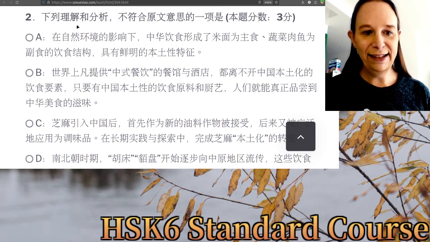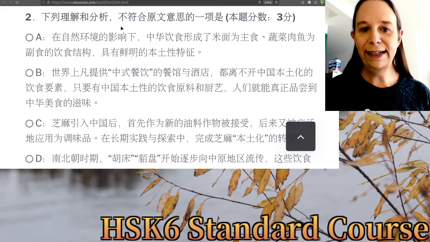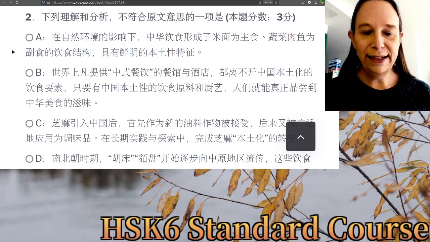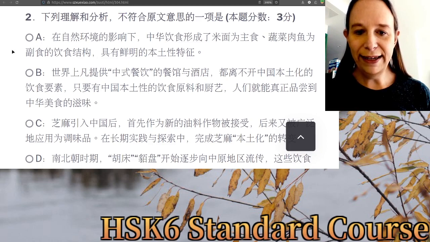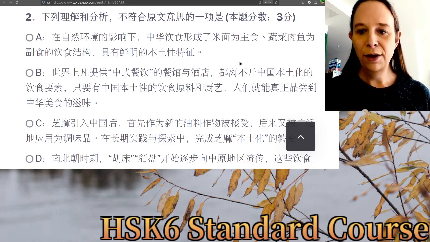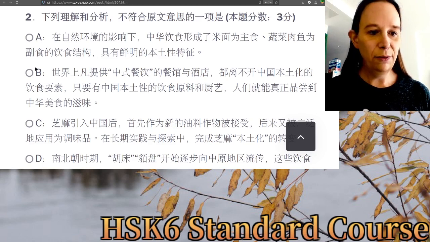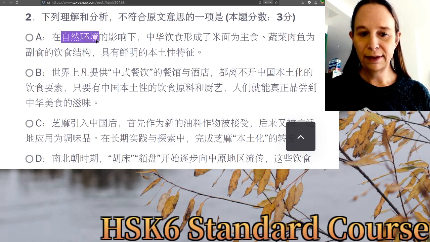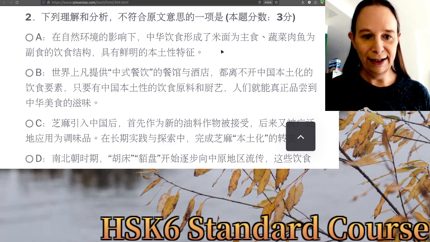OK，下列理解和分析不符合原文意思的一项是，OK，在自然环境的影响下，中华饮食形成的米面为主食，蔬菜、肉、鱼为副食的饮食结构，具有鲜明的本体性特征。I think that's correct.